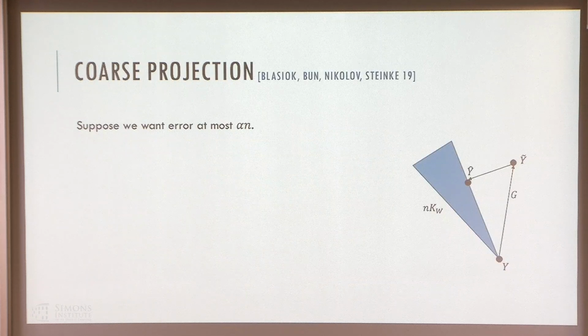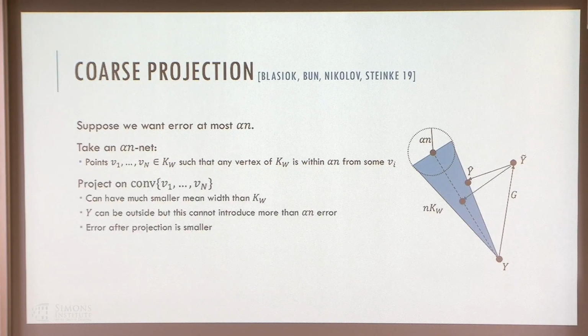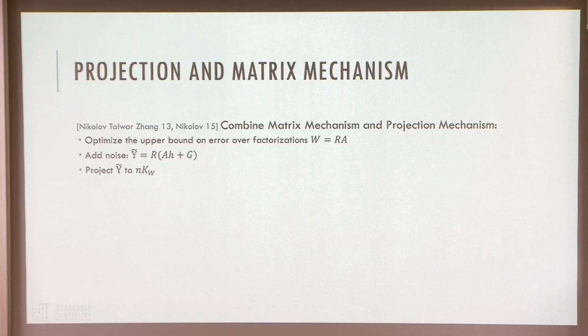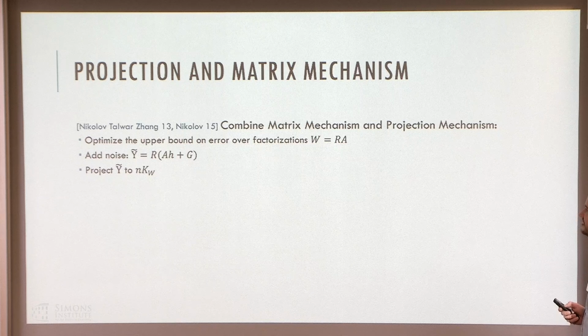Okay, I think I will skip this so that I don't cut too much into Jerome's time. Sorry, Thomas, if he's here. So I talked about this projection mechanism, but it was just post-processing on top of the Gaussian noise mechanism.